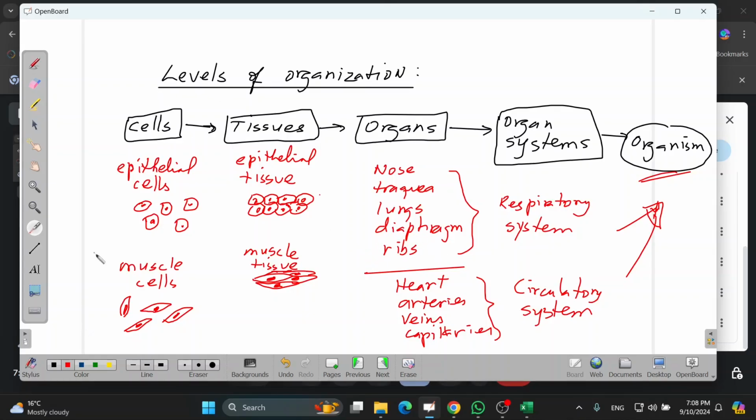Well, if we look at what cells are made up of themselves, here we can maybe look at the chemical components in a cell, right? So here we can probably look at molecules like carbohydrates and proteins and lipids, right?